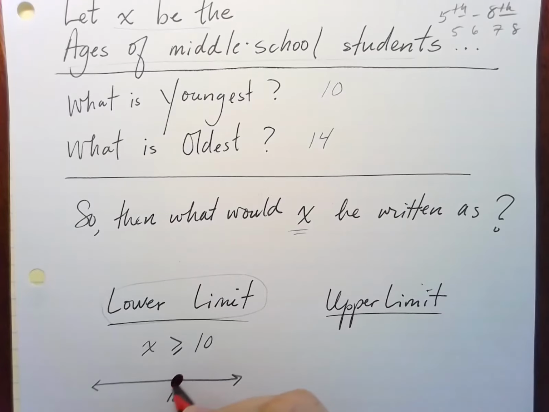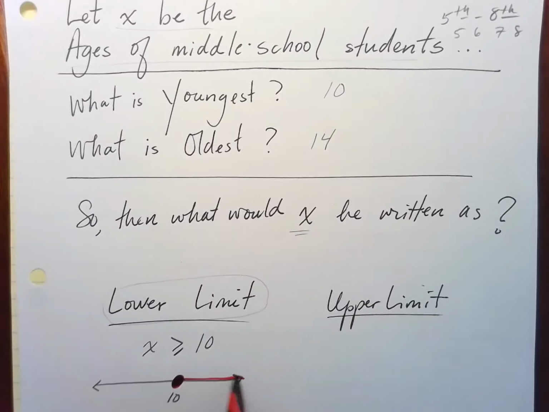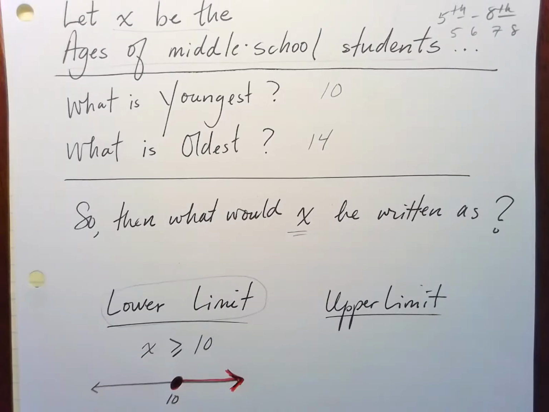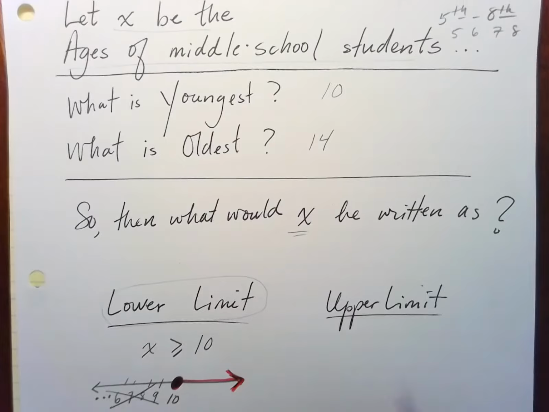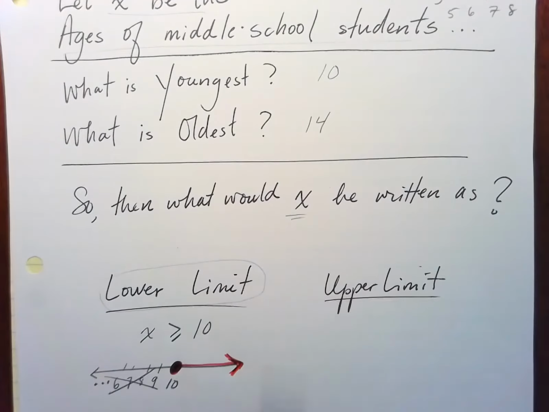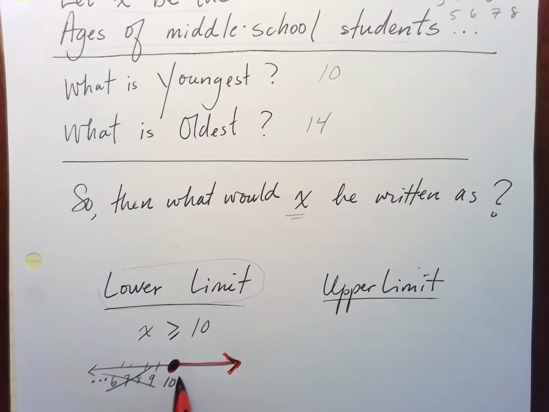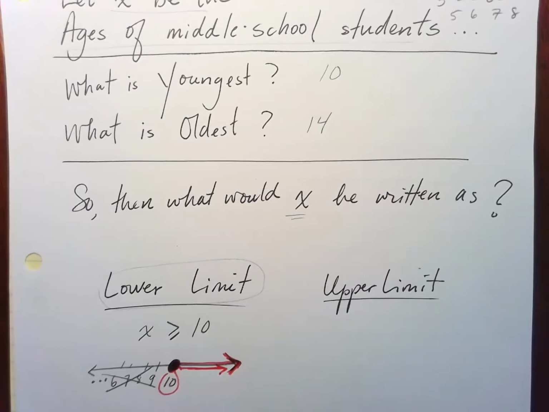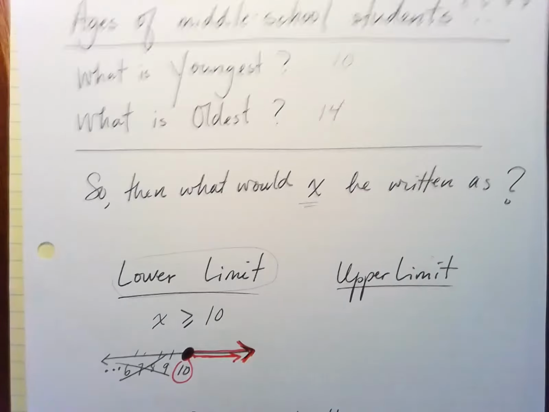We would fill in at 10, and then we would be going up because we know that all of these people here at 9 and 8 and 7 and 6 and on back, these are not part of middle school. So we know that those cannot happen. So it has to be 10 right here or this way, right? So that's the lower limit.